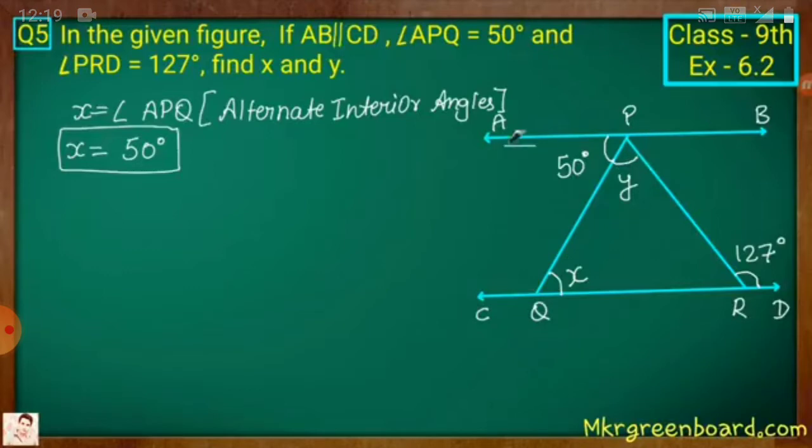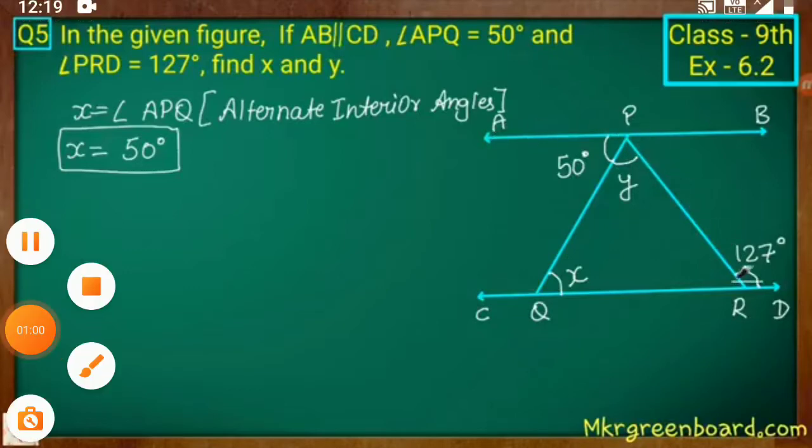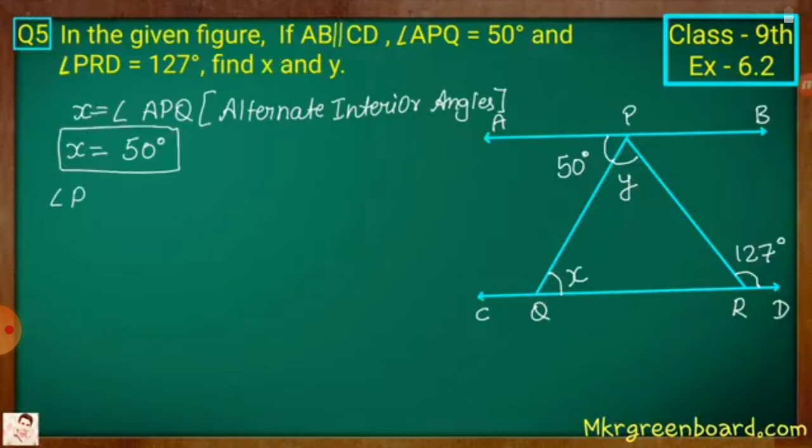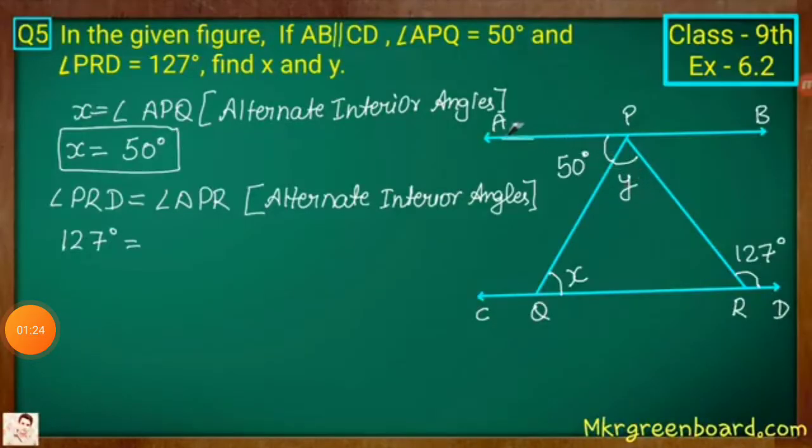Now the Y value. See the figure, these both are a linear pair of angles. The sum of the two angles equals 180. Now it is easy to find the Y value. Angle PRD equals angle APR plus Y. PRD is 127 degrees, given.